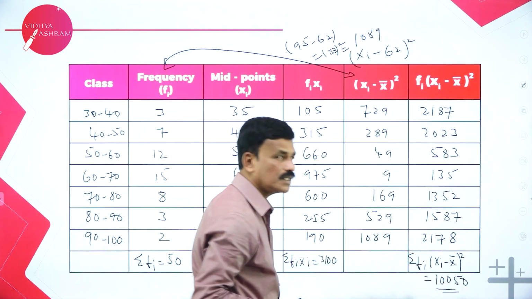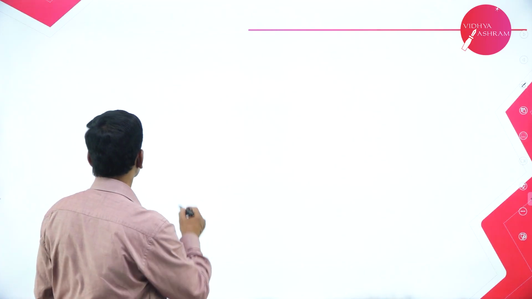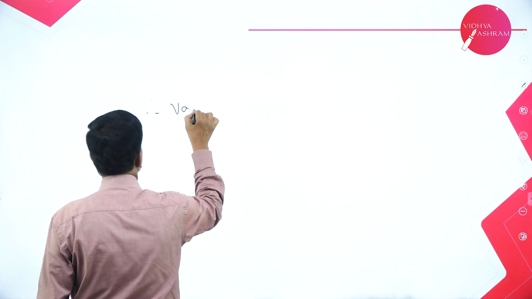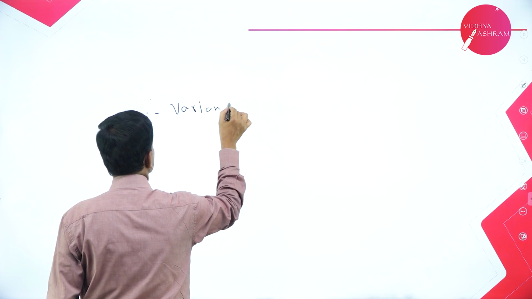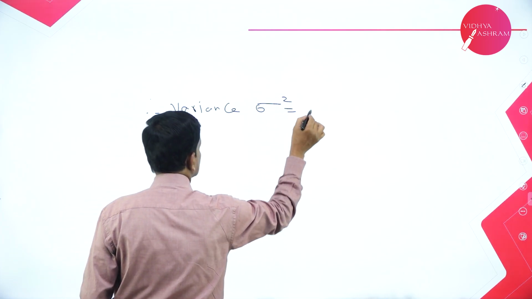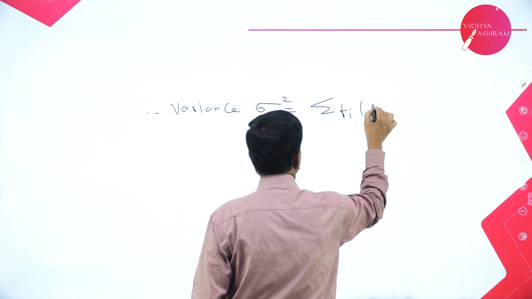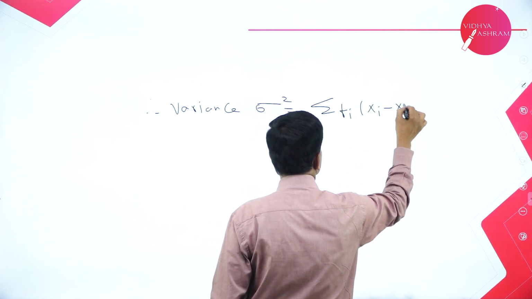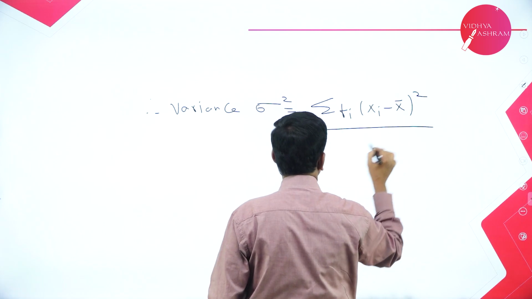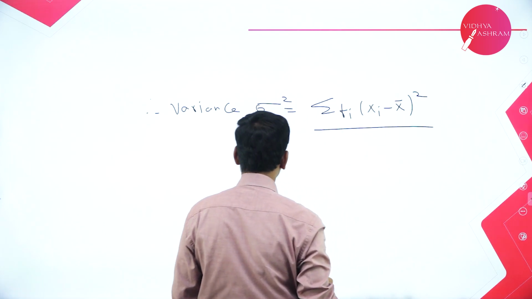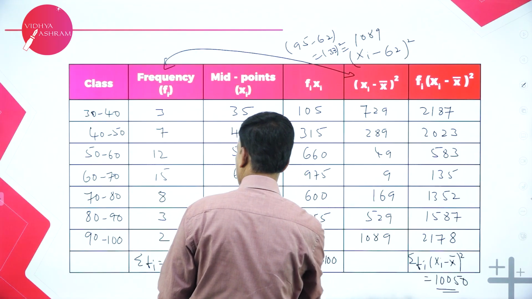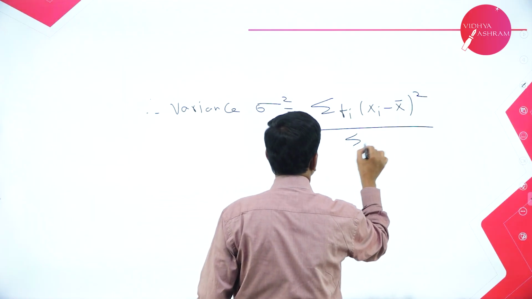Now therefore the variance rho square is equal to sigma fi into (xi minus x bar) whole square divided by sigma fi.